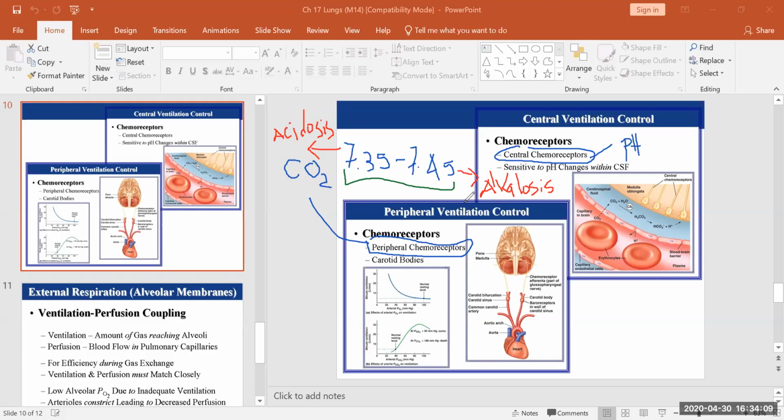So that's the homeostatic pH window, the healthy, normal pH window that the body tolerates. Below 7.35, acidosis. Above 7.45, alkalosis.